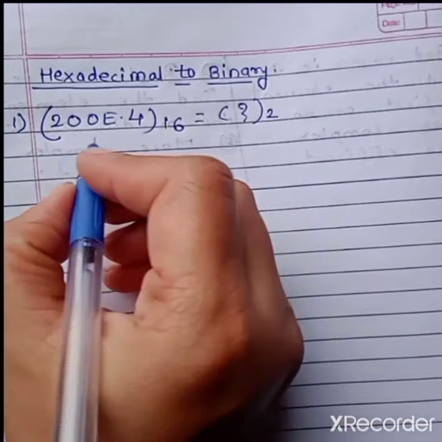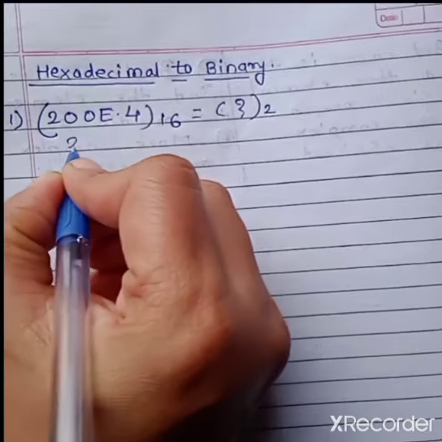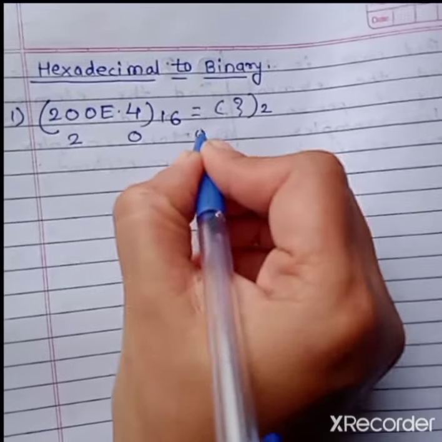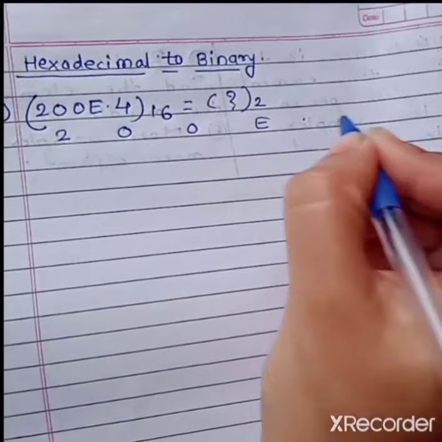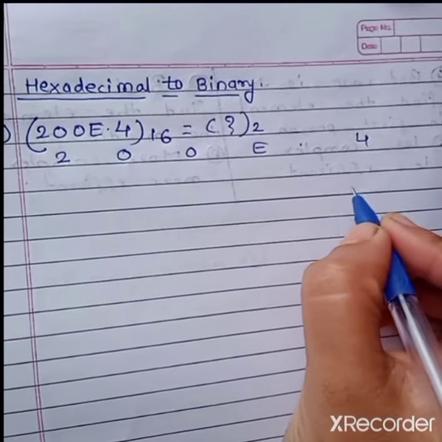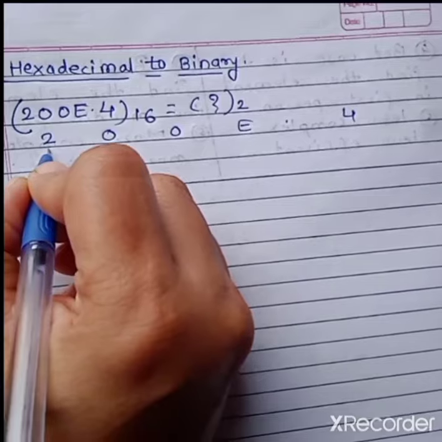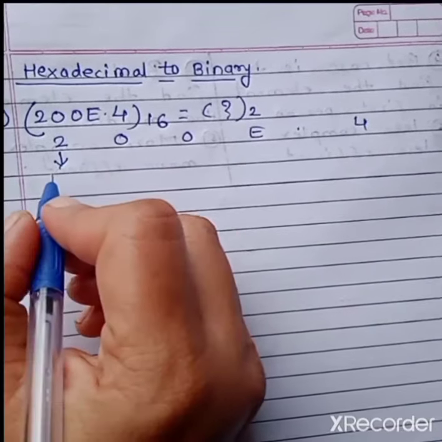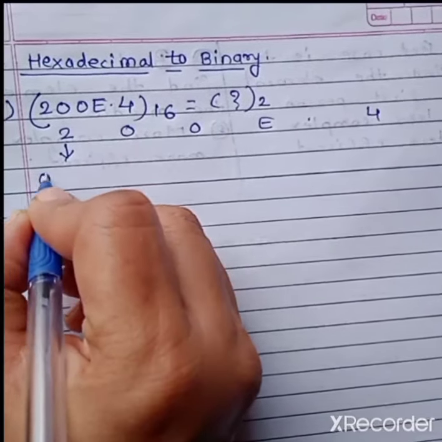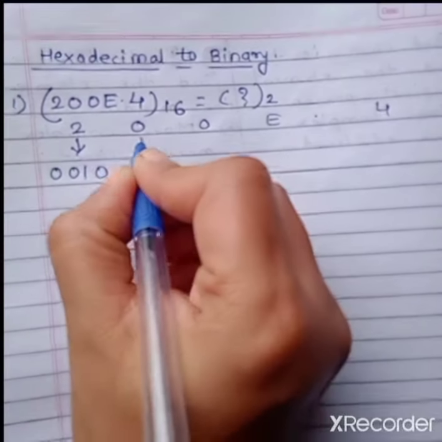So what will we do? We'll take each digit separately and we'll represent these digits in 4-bit binary. So here 2 we will represent in 4-bit binary, that is 0010.